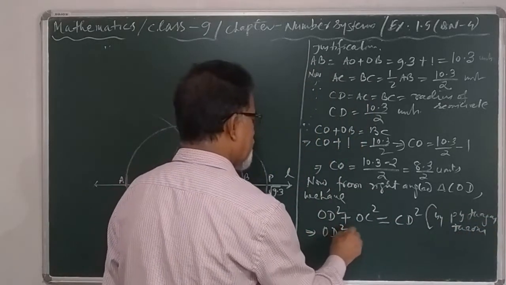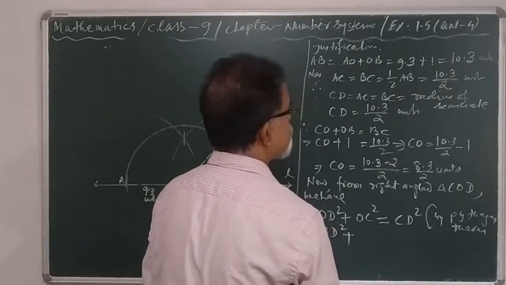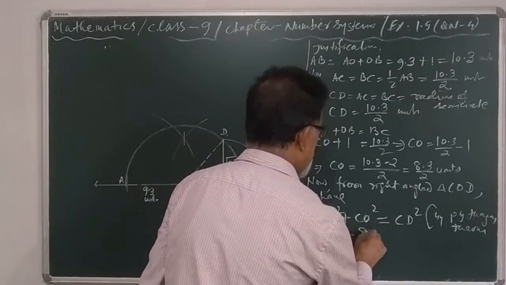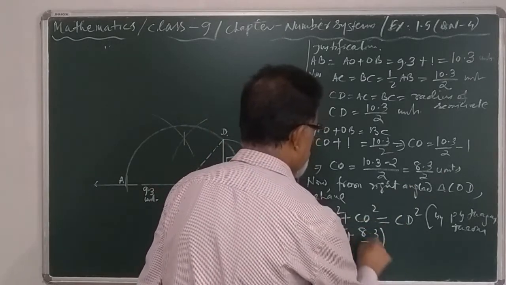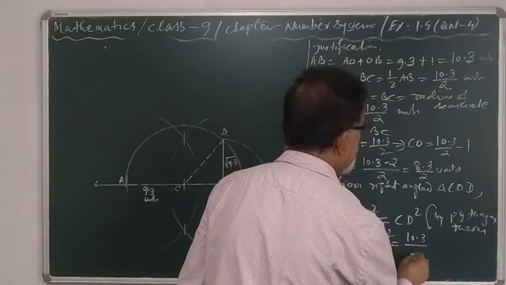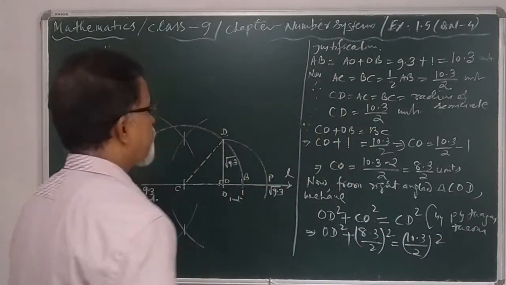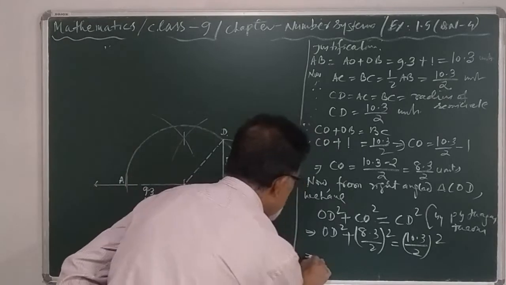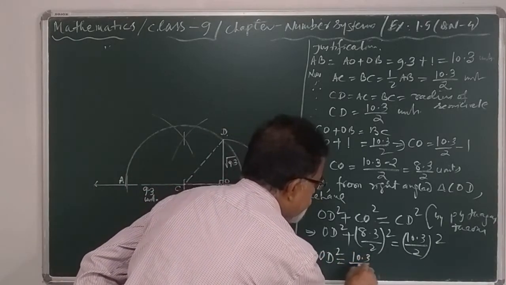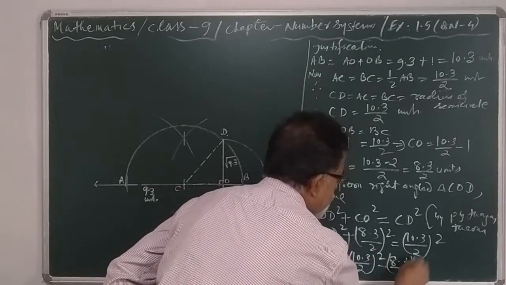OC, that is CO, equal to 8.3 by 2 whole square, CD equal to 10.3 by 2 whole square. Now OD square is equal to (10.3 by 2) whole square minus (8.3 by 2) whole square.